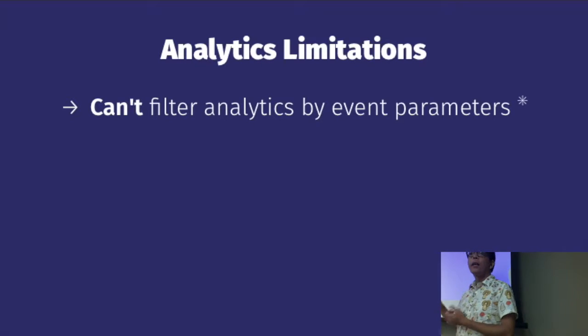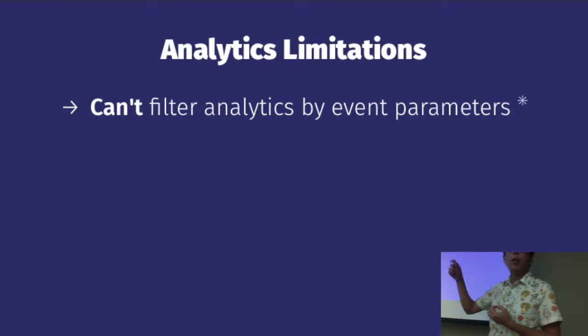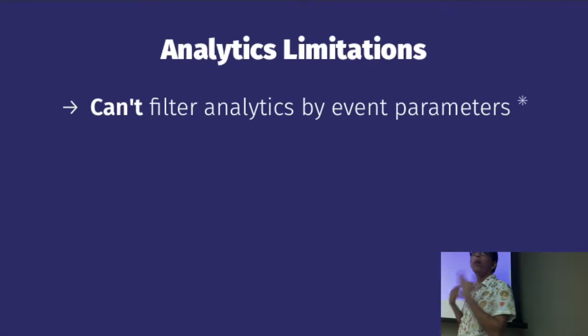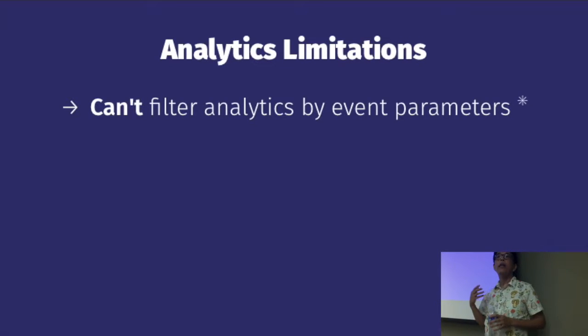But any data that I recorded along with that, like this item ID, I can't filter it. Another example, there's search in this app that I built. I record the keyword that the user was searching for. What are the top 5 most common terms that people are searching for? You can't see that in the Firebase console. It's not that they're not recorded, but the console doesn't give you a way to pluck that data out.